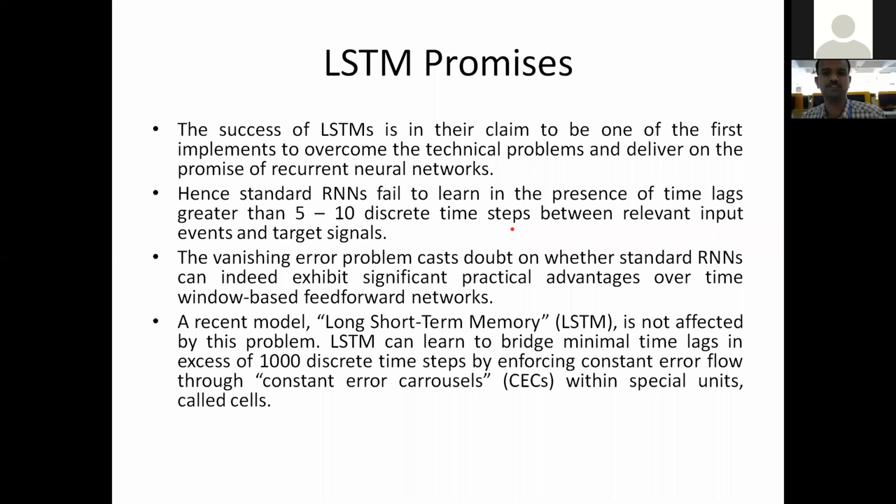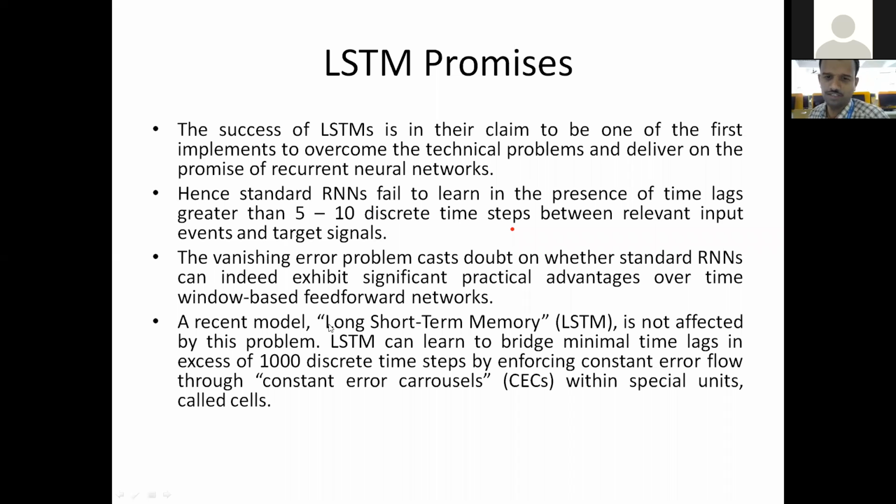And you will see some of the important parameters that LSTM is giving. The success of LSTM is mainly that it is one of the first to remove the technical problems in RNN. Standard RNNs fail to learn in the presence of time lags greater than 5, which was removed in LSTM.